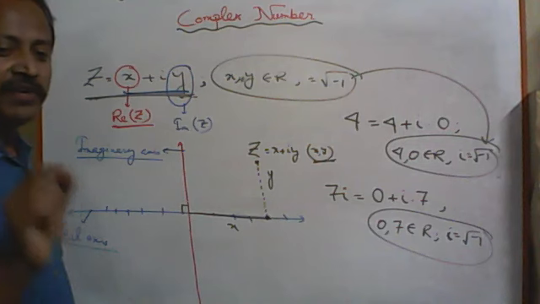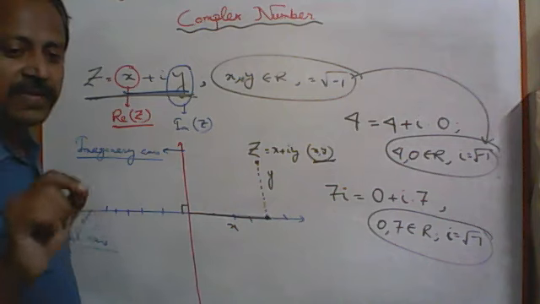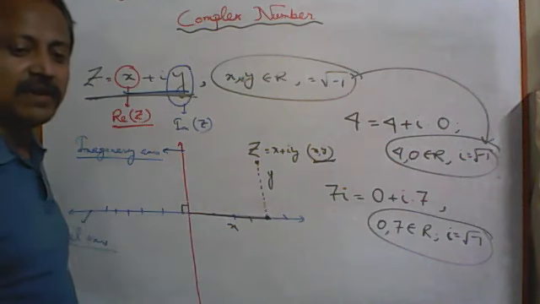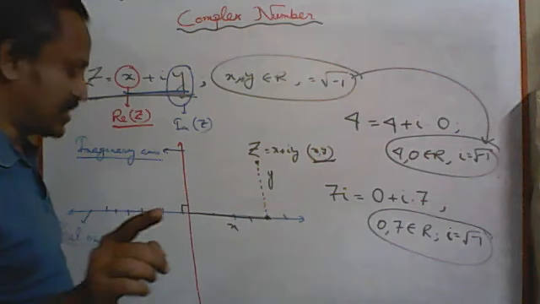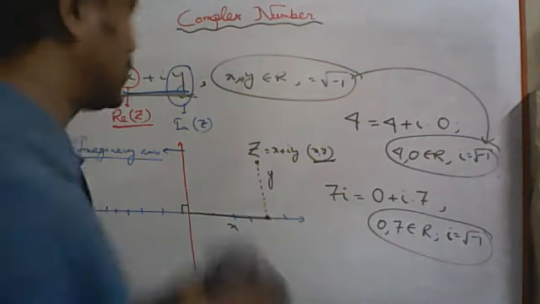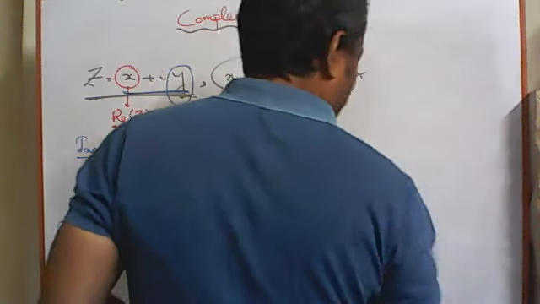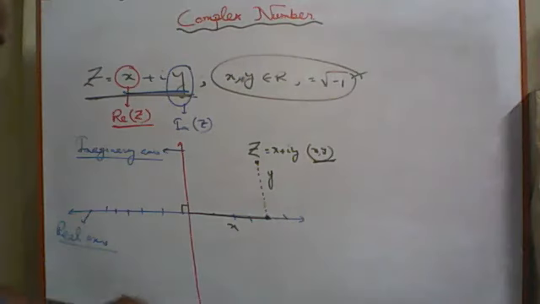Now we will define a new term for complex numbers, that is the conjugate of a complex number. The term conjugate is familiar to you, because in the chapter on surds, the term conjugate is introduced first.